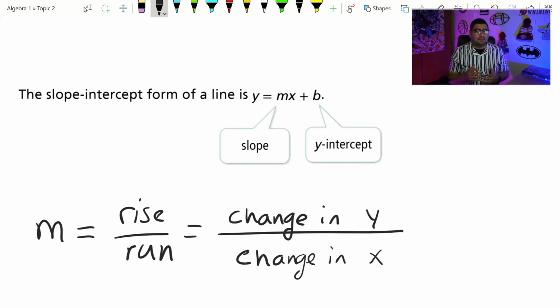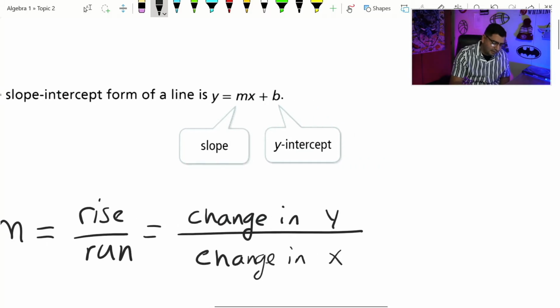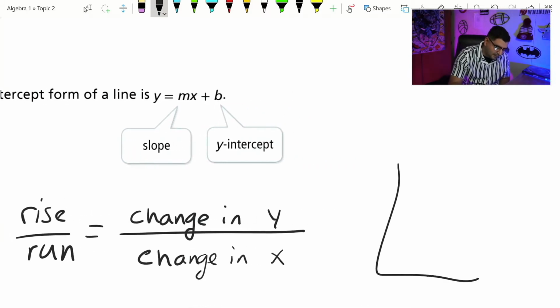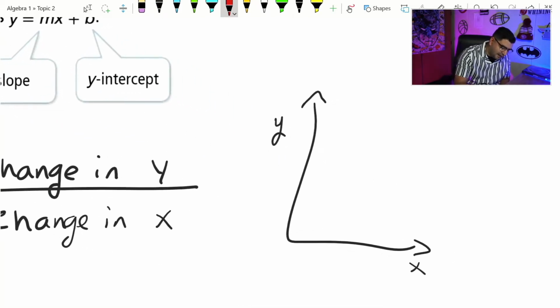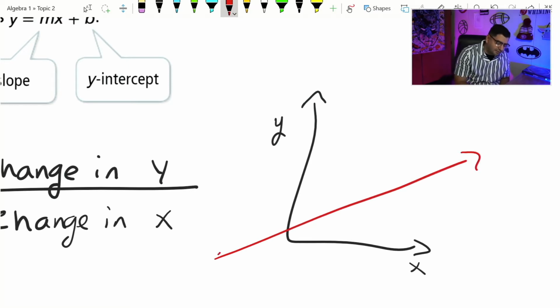This is simply the point on the y-axis, because when we have lines, this is our x-axis, this would be our y-axis. And what we're looking for, the y-intercept, is the point. Let's say I have this line here. The y-intercept is the point where our line crosses the y-axis.